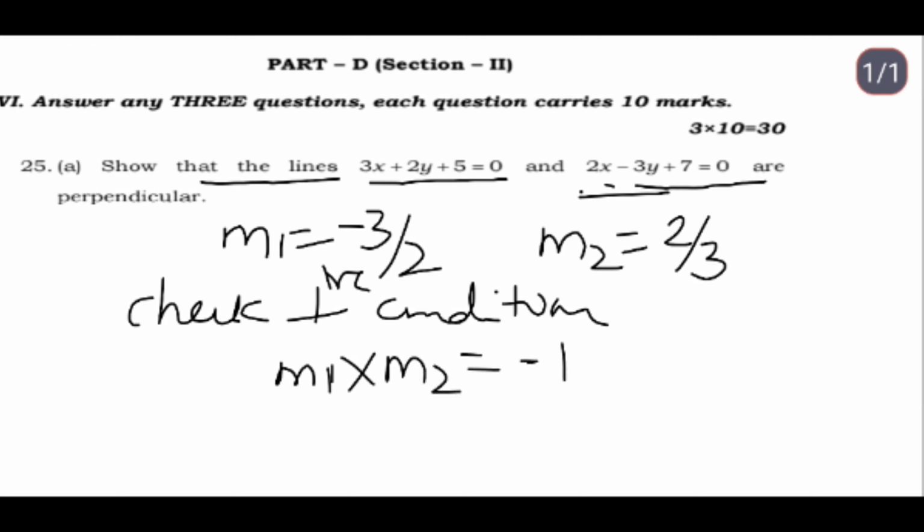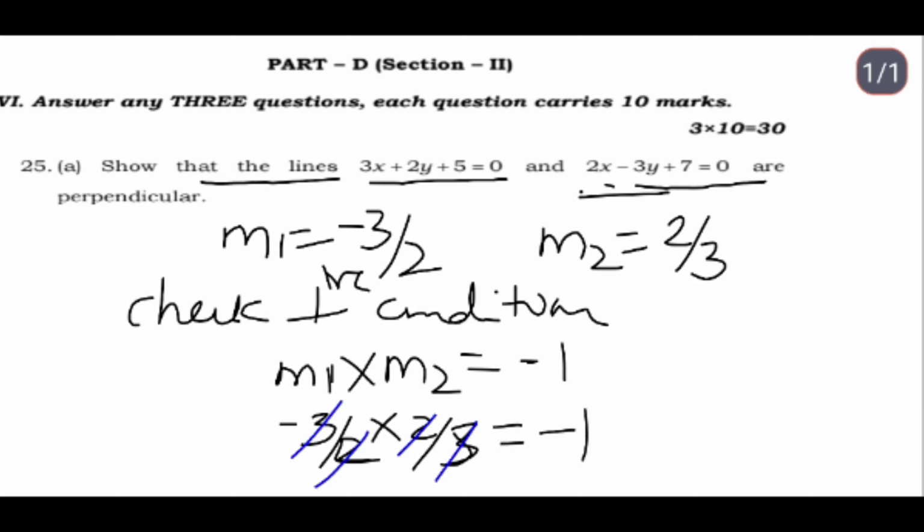So now I am going to substitute -3/2 into 2/3 is equal to -1. If you cancel, finally you will get -1 = -1, so the lines are perpendicular, hence we proved.